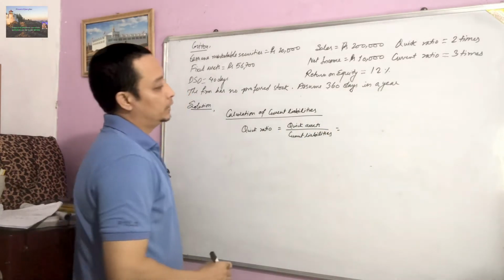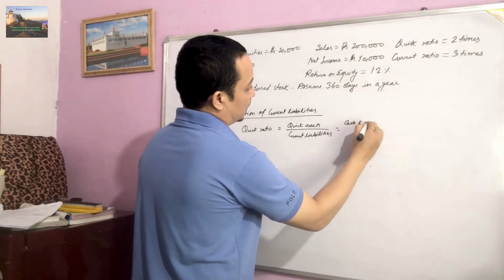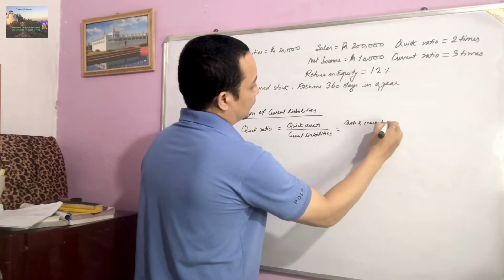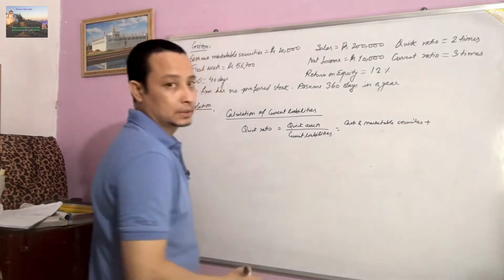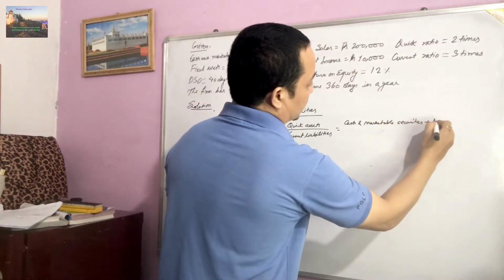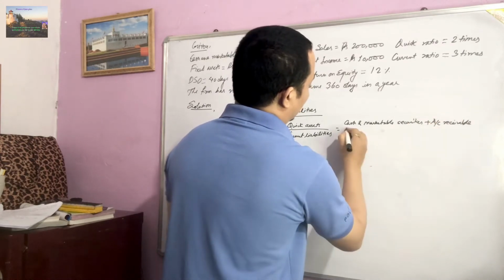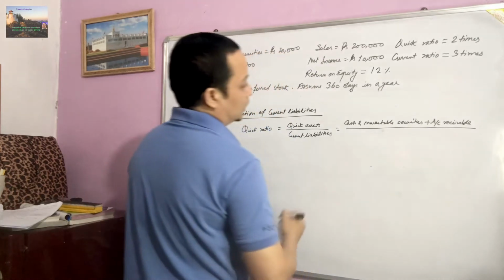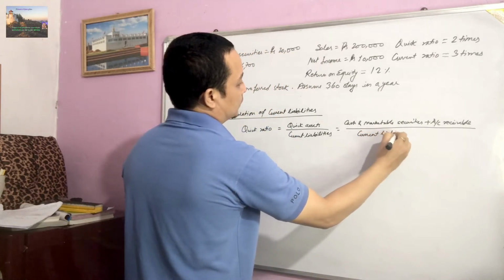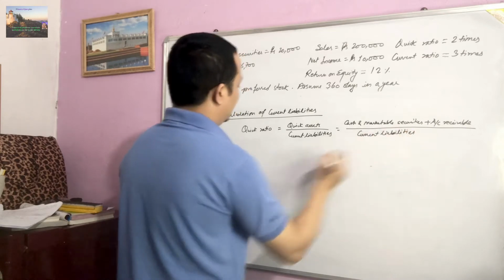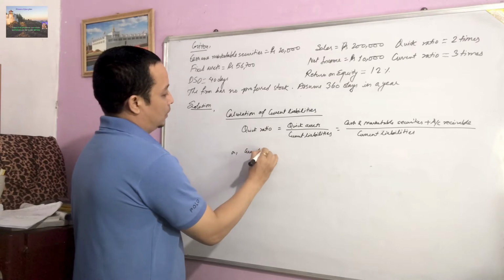Here quick asset means cash and marketable securities plus account receivable upon current liabilities. You have to find current liabilities.